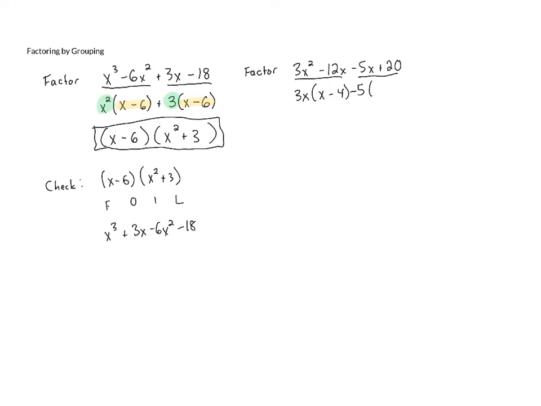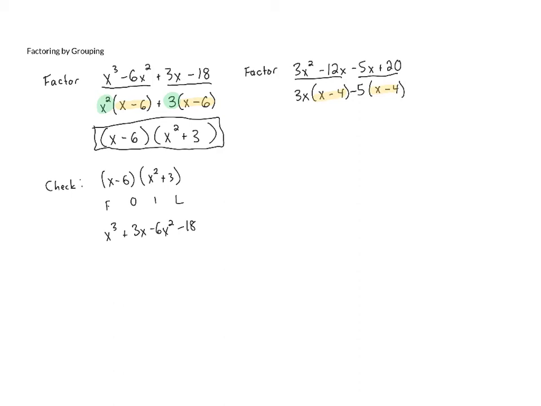When we pull out that negative 5, it leaves us with x for the first leftover. And then in the second term, 20 divided by negative 5 is going to be negative 4. So that gives us x minus 4 in the parentheses. And now we can see that the two groups have a factor in common, specifically x minus 4.